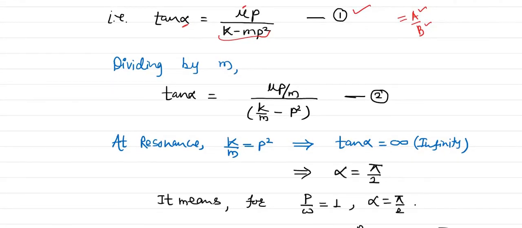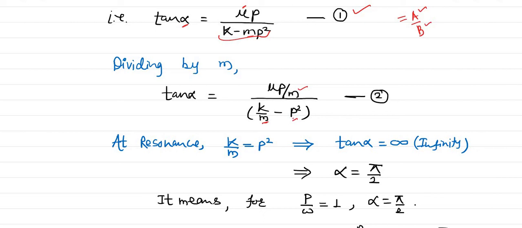In the numerator, m comes into the denominator of mu p. In the denominator, k divided by m stays as it is, and m p square divided by m gets cancelled. That's why we get k by m minus p square.